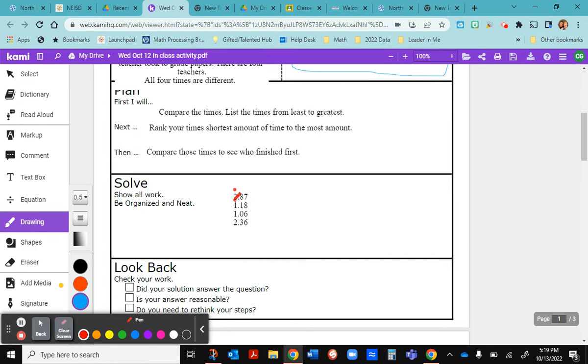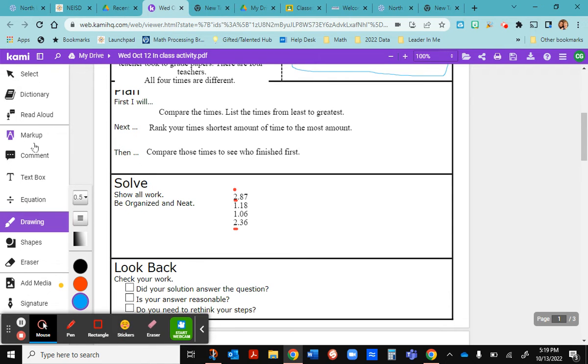I see this 2 here, and I have this 2 here. Since those are equal, I'm going to the next one. In the tens place, I have an 8 and a 3. What do I know about that? Absolutely, 8 is greater than 3. So who took the most time to grade their papers?